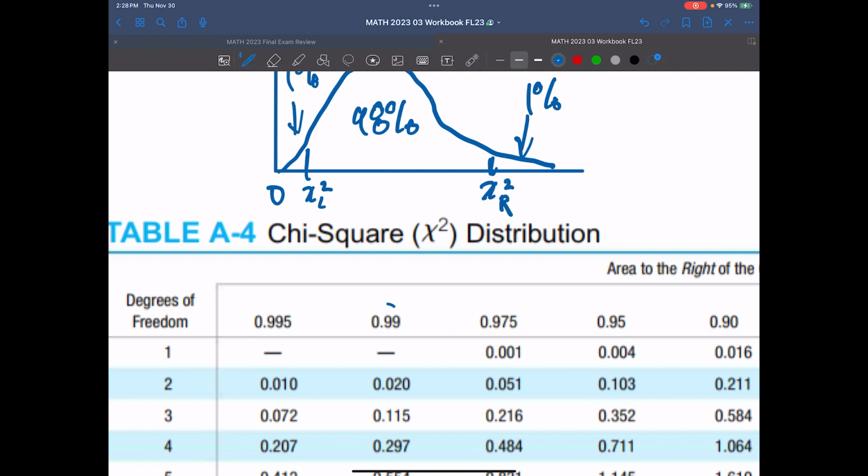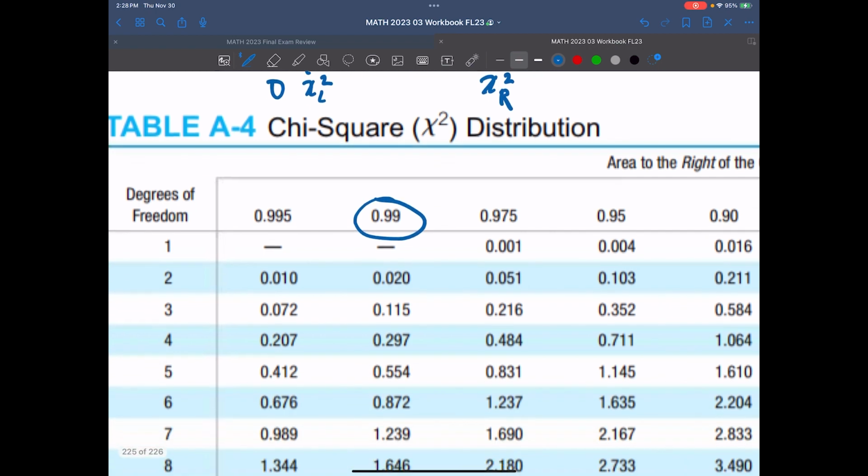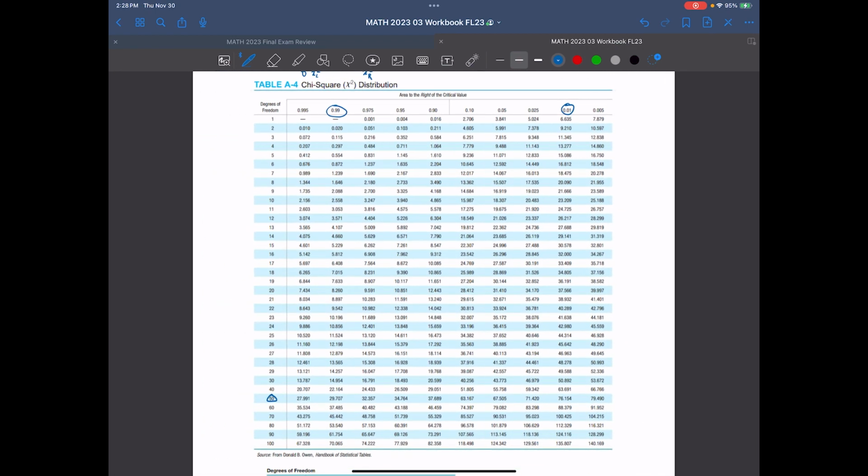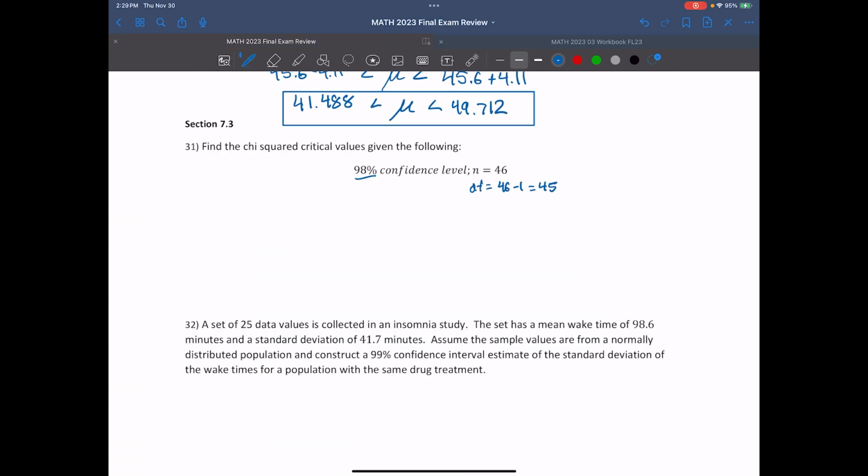We have symmetry, so 0.99, reflecting it over the middle line, gives us the two chi-squared values: 29.707 and 76.154. So chi-squared on the left is 29.707, and chi-squared on the right is 76.154.